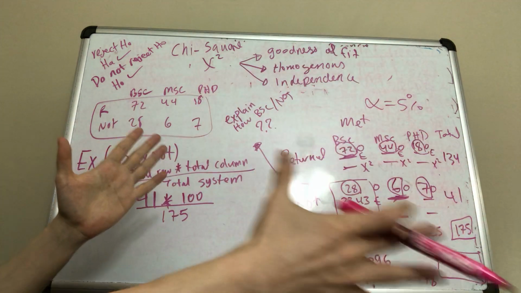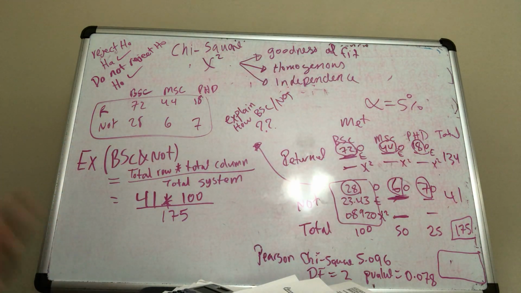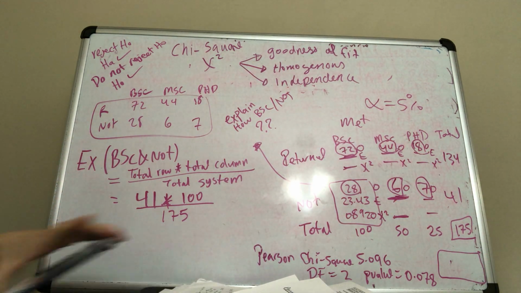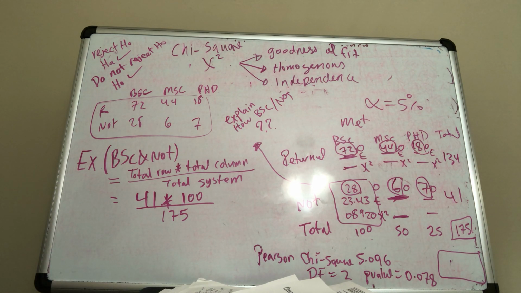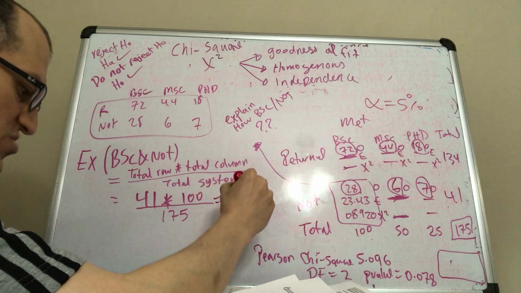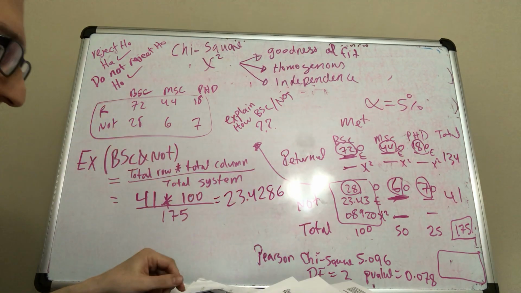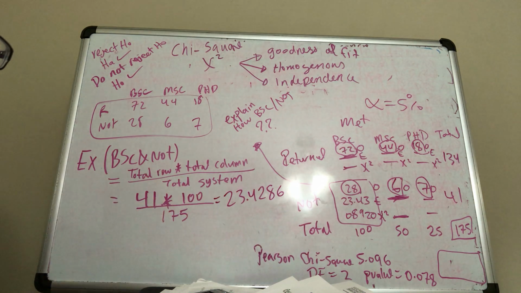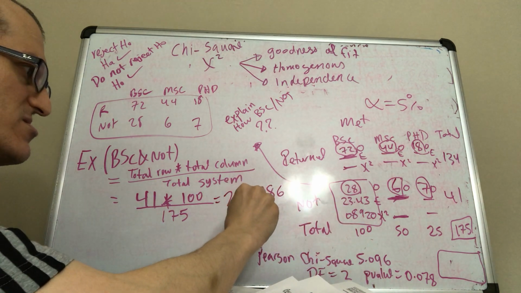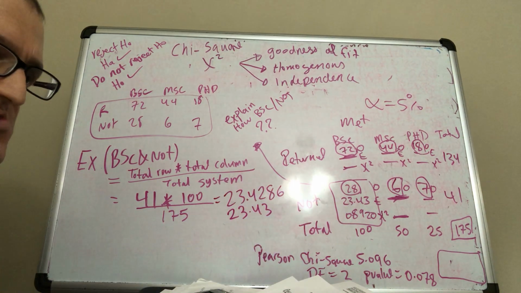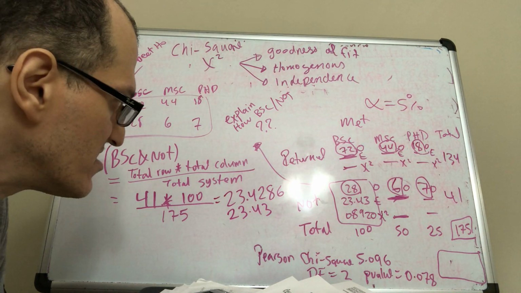So it's total row, total column. You can try and calculate some of them to make sure that you end up with the right number. So 41 times 100 over 175 gives you exactly 23.4286. That's the exact number. They rounded to 2 decimal places, so it's 23.43.